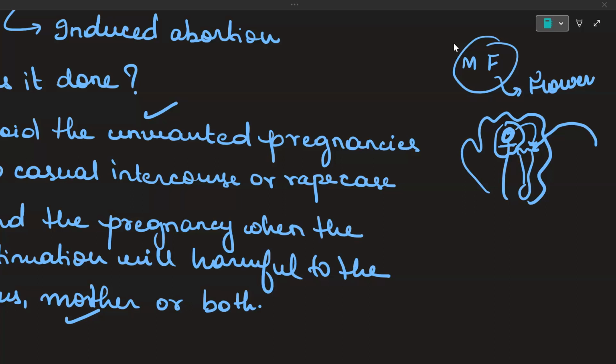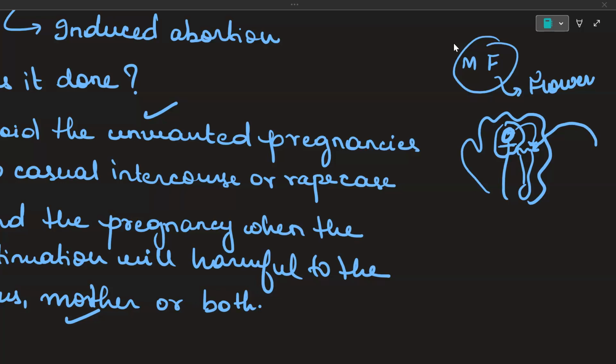HIV is one of the incurable sexually transmitted diseases, and hepatitis B. See, HIV is not a disease. HIV is a virus which causes AIDS. AIDS is the disease. Yes, you're right. Hepatitis B, and AIDS.